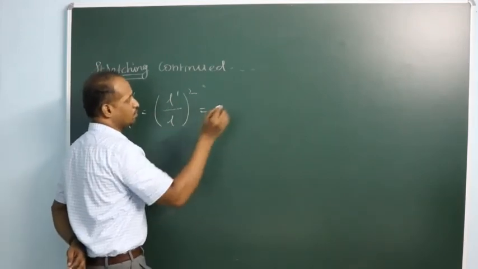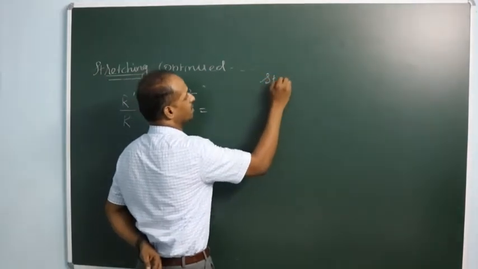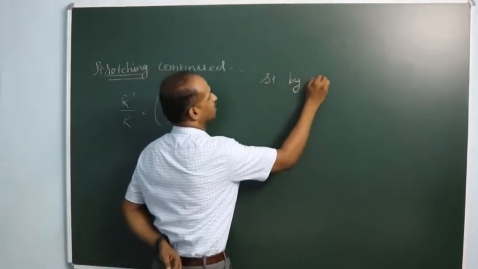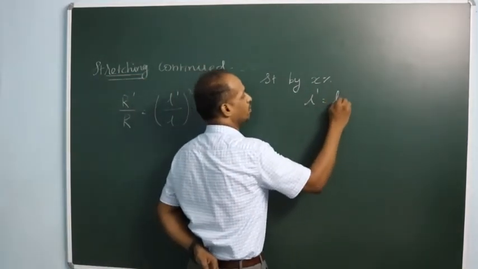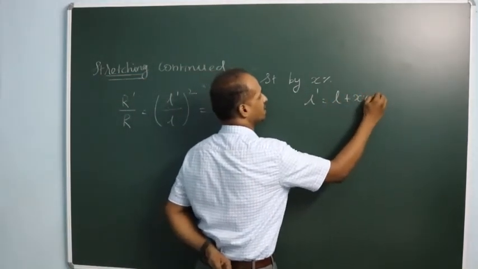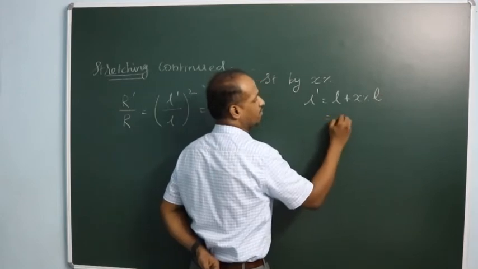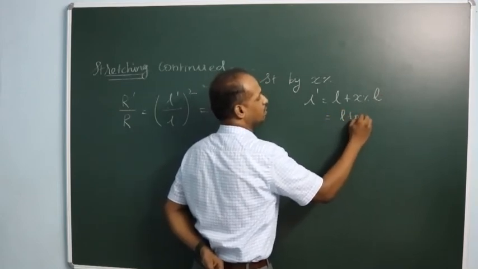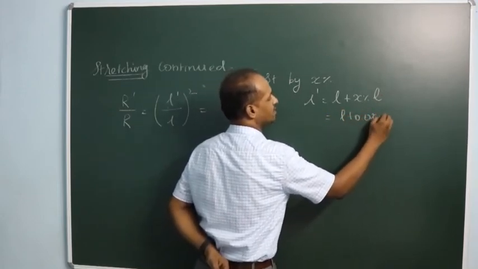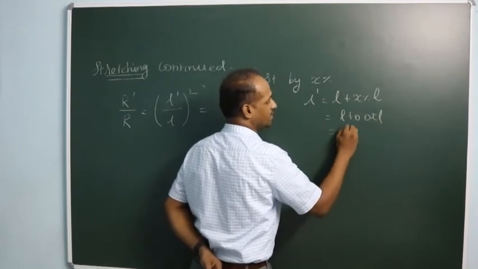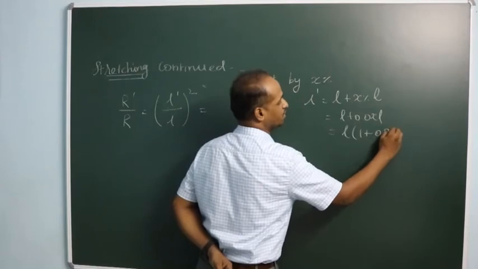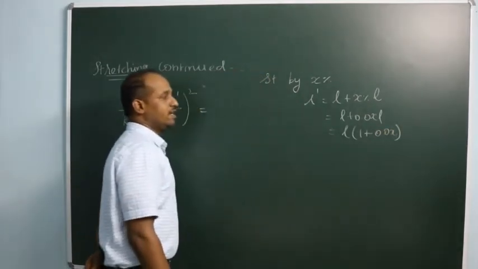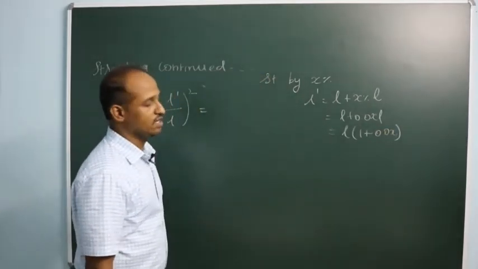Suppose you are stretching by x percentage, then L prime will be equal to L plus x percentage of L. That means L plus 0.0x L. Then in that case, L into 1 plus 0.0x. Like that, it is 1 point something.